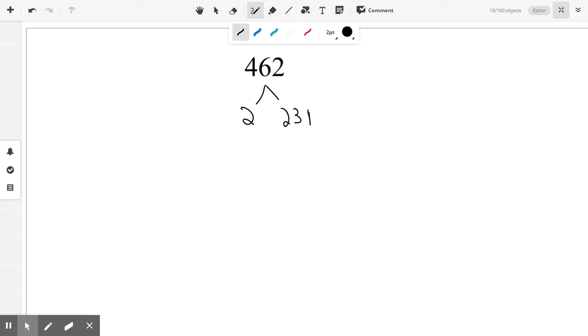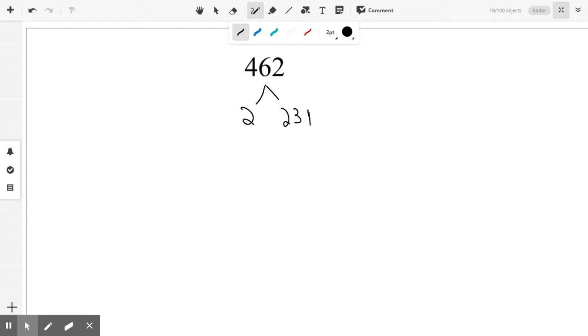Well, there's a couple other tricks. All right. You could just get your calculator and starting with 2, go 231 divided by 2, 231 divided by 3, 231 divided by 4, 231 divided by 5, till you get a number that goes into it evenly. All right. Couple tricks. I know that numbers that are divisible by 2 are even.